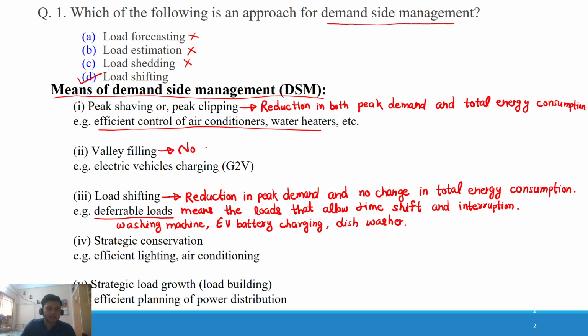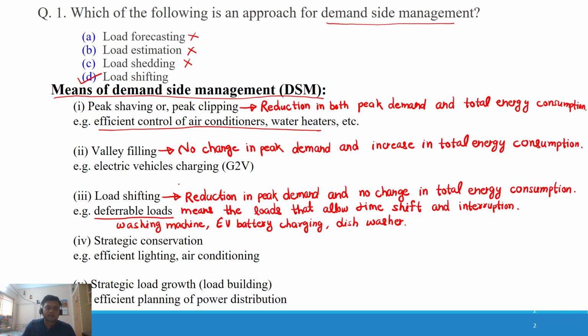Here the peak demand remains as it is, so no change in peak demand and increase in total energy consumption, because we are increasing the power demand during off-peak hours.